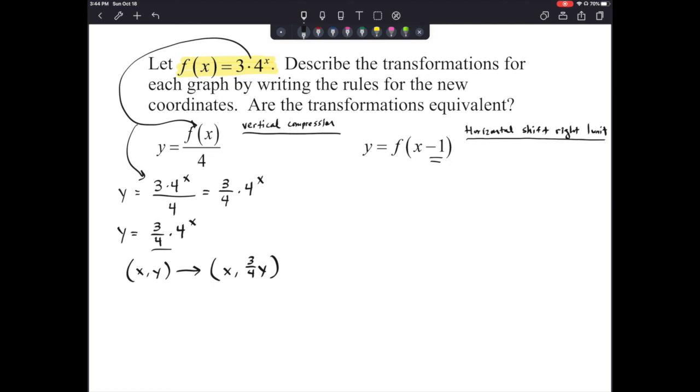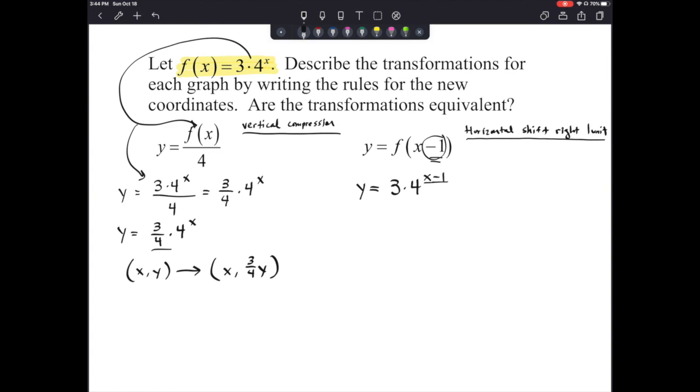We'll just have to check and see, right? Let's go ahead and rewrite our equation. That would be like saying y is equal to 3 times 4 raised to the power of x minus 1. Remember, we're not in the table looking at the coordinates. So this means shifting right one, as does this.